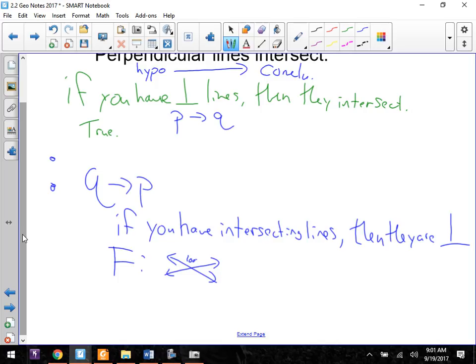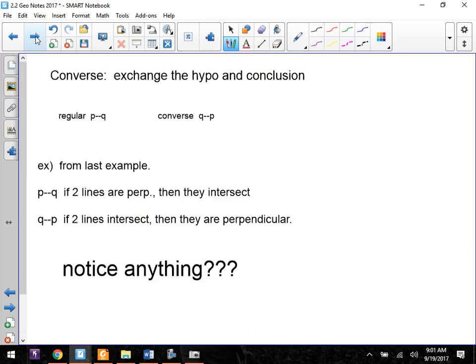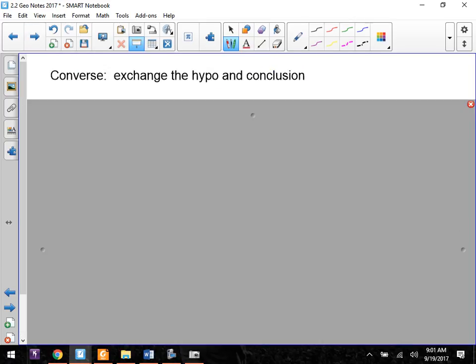All right. So what we did here is we did what's called a converse of a statement. What we have going right now is what's called a conditional statement, which is P implies Q. Then we have what's called a converse, Q implies P. All you do is you flip-flop the conditional.